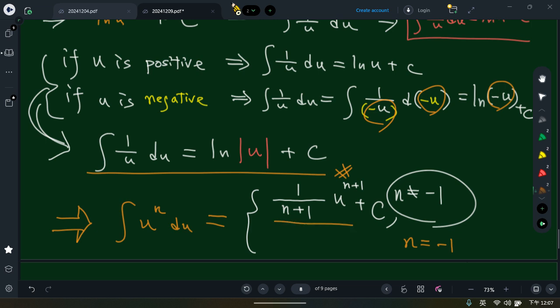Just simply increase the power n to n plus 1, and add the coefficient 1 over n plus 1 here. But right now, since we just introduced the Ln function to you, we can add this part for n equal to negative 1 here.